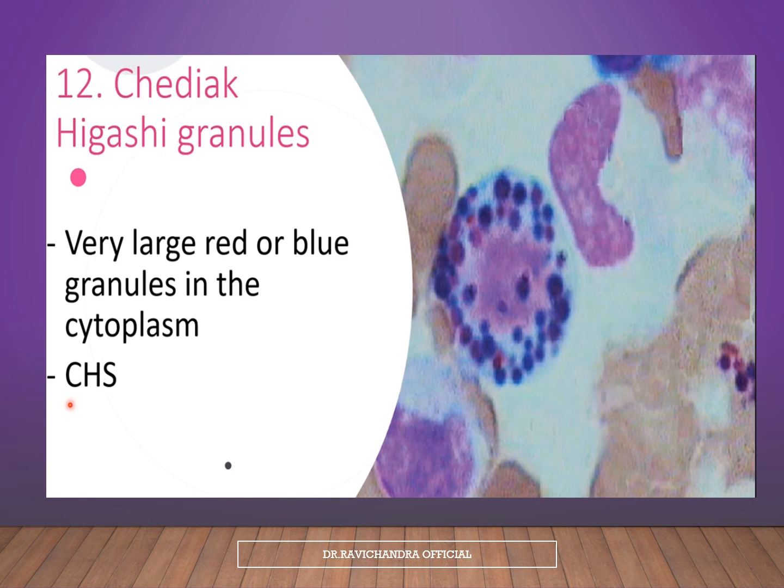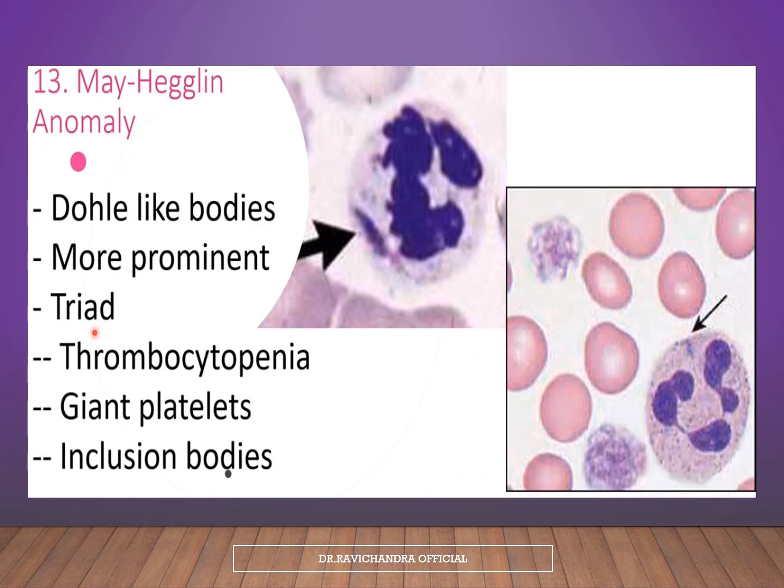Chediak-Higashi granules are very large red or blue granules seen in the cytoplasm, seen in Chediak-Higashi syndrome. May-Hegglin anomaly, there will be Dohle-like bodies and they are more prominent, and there is a triad of symptoms or signs: thrombocytopenia, giant platelets, and inclusion bodies come under the May-Hegglin anomaly.